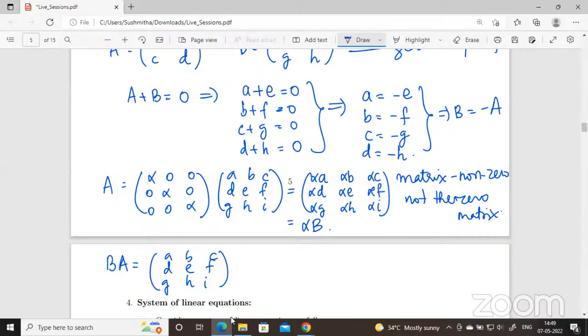But we are not talking about determinants here. So what is this? This will also be the same. A alpha, then B alpha, C alpha. Same, ma'am. You'll get the same thing.